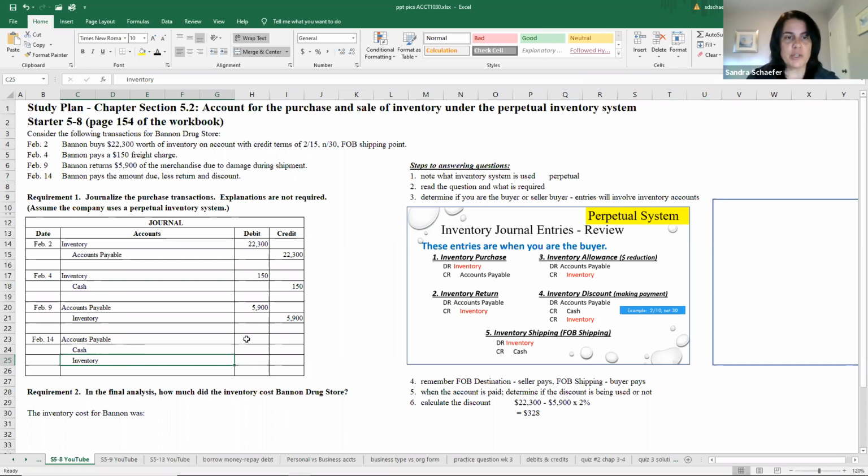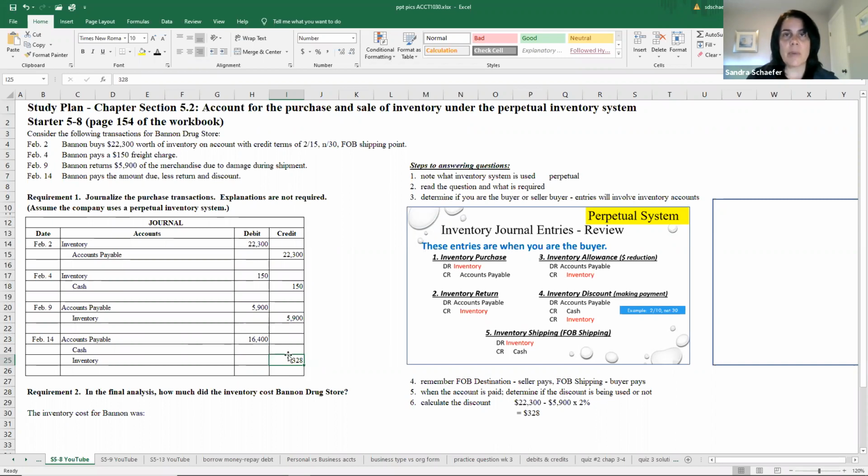Now, to do the calculations for accounts payable, we know that we had 22,300 less 5,900. When you calculate that, it's 16,400. That's still in our accounts payable account that needs to be paid. So that's going to debit accounts payable. That will zero out the balance owing. Now the cash amount is going to be some net amount. We calculated the discount over here, so we know the discount is going to be $328.